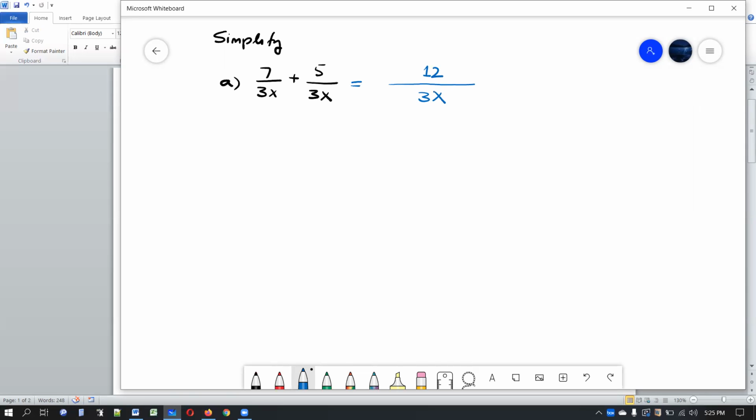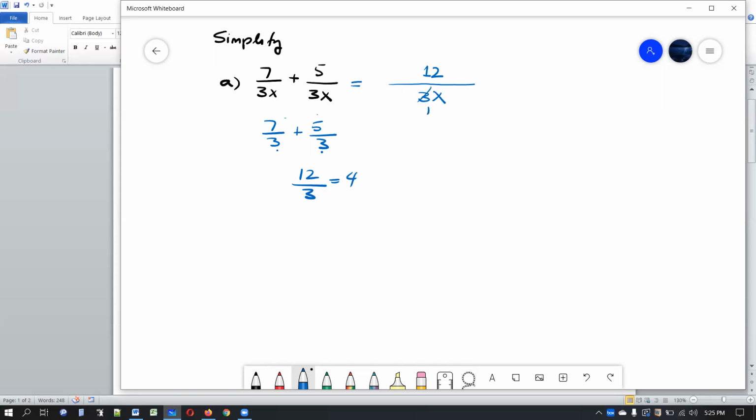So imagine that you have something like this. Both denominators are already the same. My computation is on the numerator. At this point, I would have to simplify or divide the fraction, which in this case, again, I'm going to divide both numbers by 3.